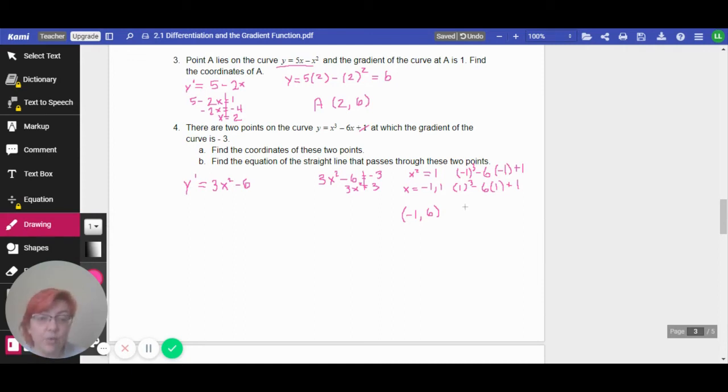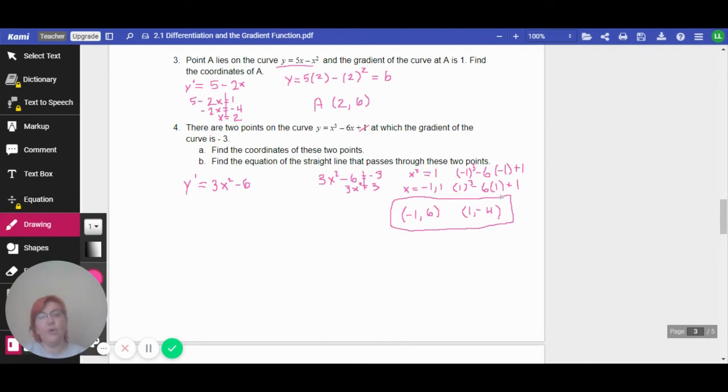So my second point is 1, negative 4. All right. Now for the final part, because that was A, we found the coordinates of the 2 points. Maybe I should just kind of highlight that we've done that.